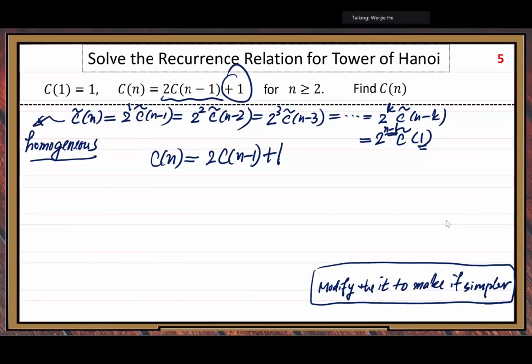Here, can you see what kind of special operation we can apply to make that plus 1 term disappear? Is there some special way? Because we can do some algebraic operations, right? We can do many different algebraic operations on this equality.